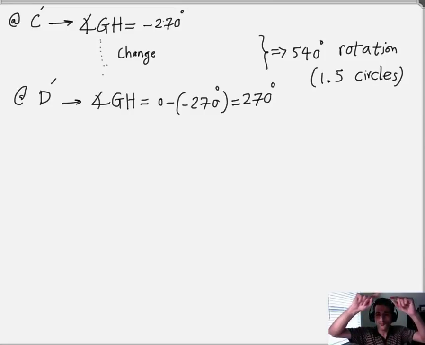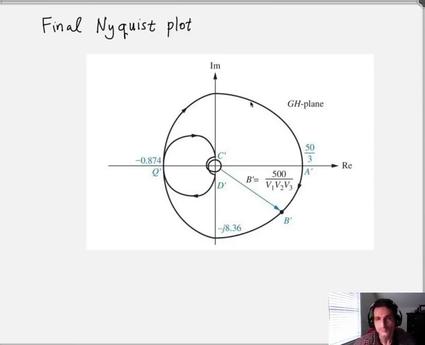It means that to go from positive infinity to negative infinity, you're going to rotate from negative 270 degrees to 270 degrees, which gives you 540 degrees of rotation, equivalent to 1.5 circles. And so this really shows the final Nyquist plot. So now let's just see what happens with this part.